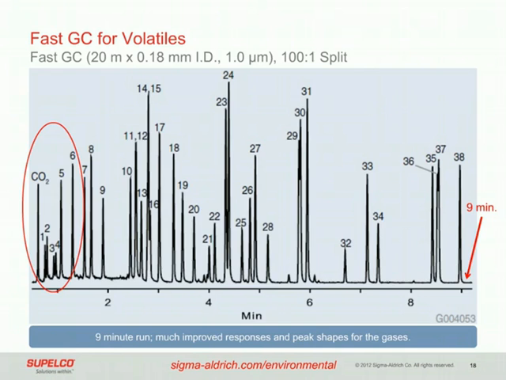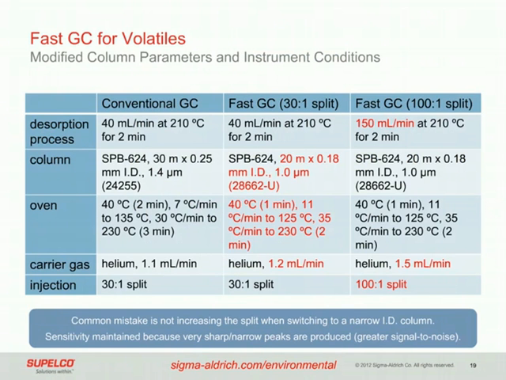And it's a common mistake to not increase the split enough when switching to the narrow ID column. So for those 3 runs we just did, one of the parameters that we changed was the desorption, and that's not something you control at the instrument, but by increasing the split, it automatically increases the desorb flow rate.